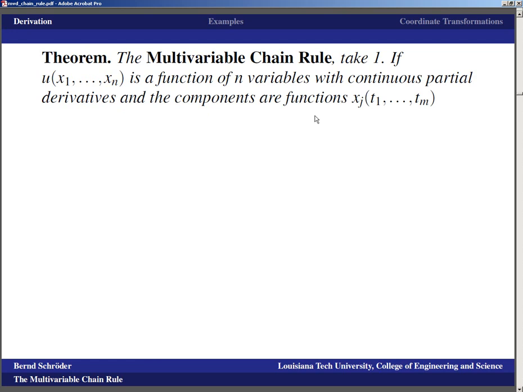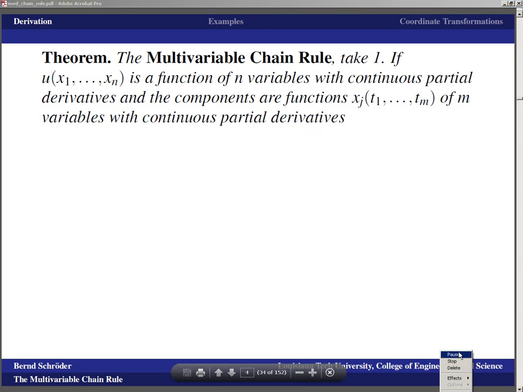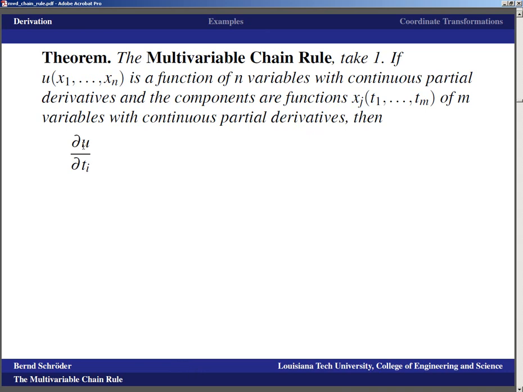And if the components are functions xj of variables t1 through tm, so every input here is a function xj that can depend on other variables, and that is a function of m variables now. And again, we assume that these things have continuous partial derivatives. Then we want to compute the partial derivative of u with respect to ti, right?